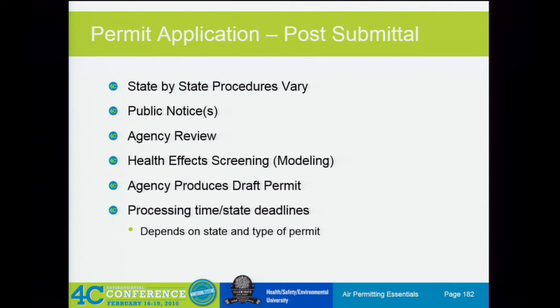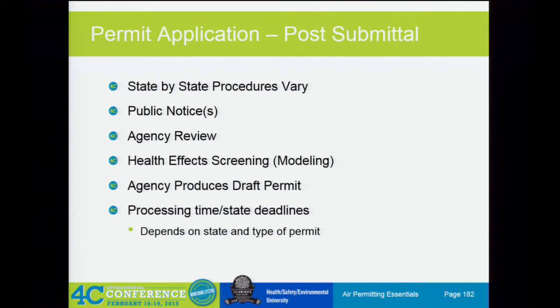You will have a public notice depending on the size. The agency is obviously going to review it. You'll have some type of screening, health effects screening, or NAAQS analysis, which will usually include modeling. The agency will write you a draft permit, and then you have a chance to comment on that draft.